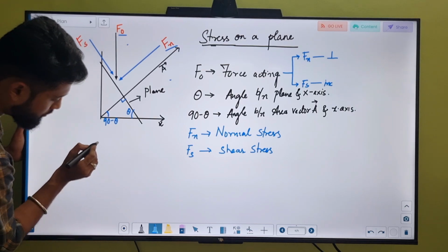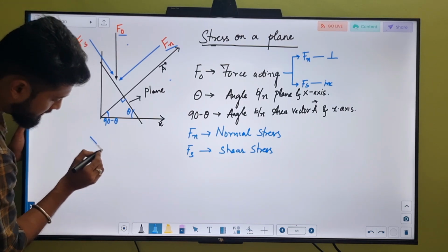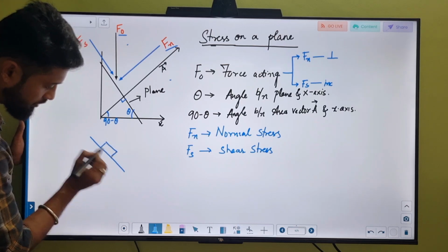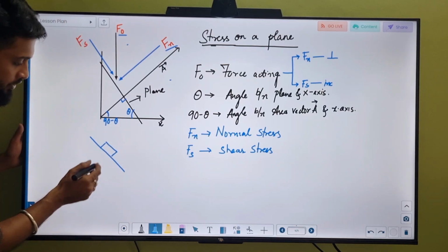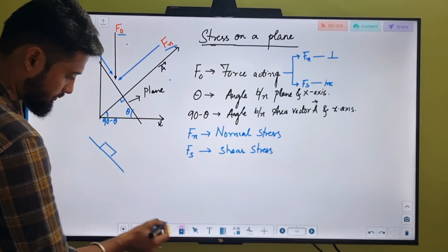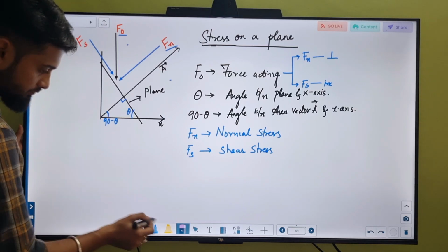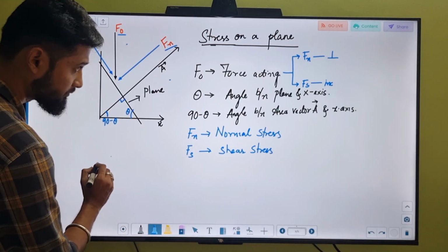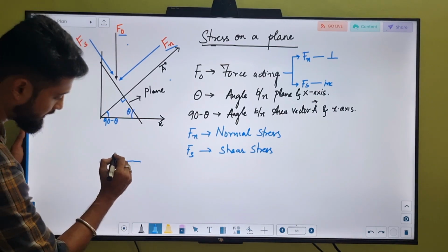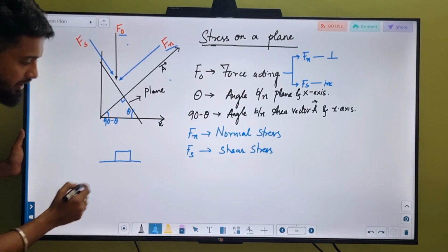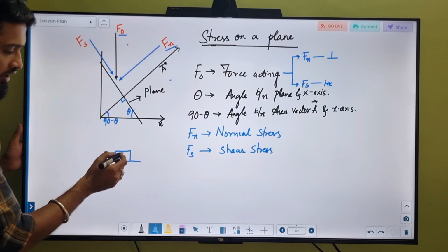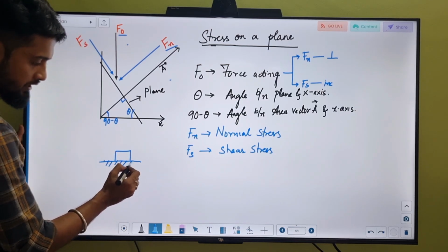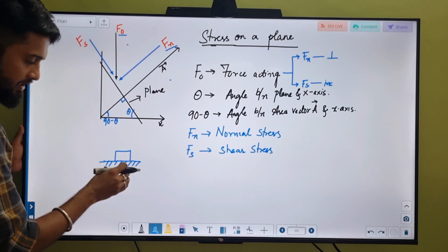I'll try to convey it in one more manner. Imagine this is the area and this is the object. I want to move the object, and that object should move along this surface area. So the object has to be placed on the surface area.